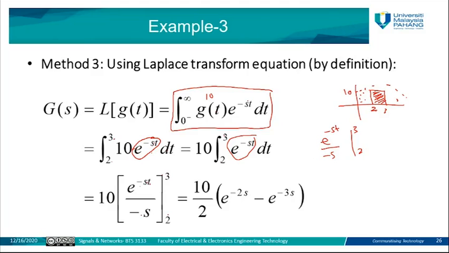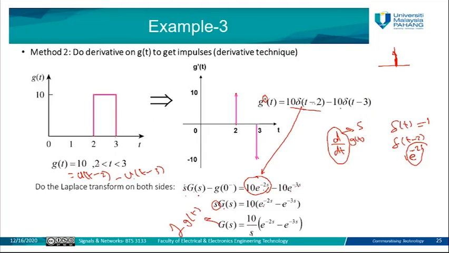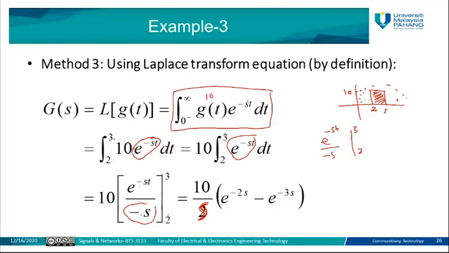When you substitute for 3, it becomes negative 3s, and for 2, it becomes negative 2s, and the negative s will go out, so it becomes 10 over s. This is not 2, this is 10 over s, according to this. So just correct this one in the slide: 10 over s times exponential negative 2s minus exponential negative 3s.